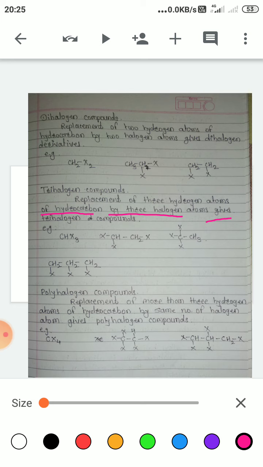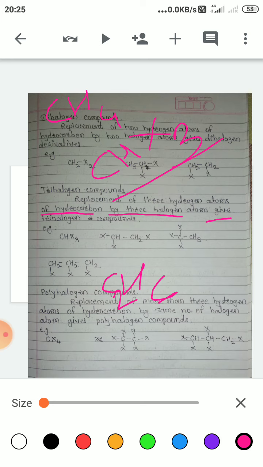For example, if we take methane CH4 and three hydrogens are replaced by halogens, that is CHX3, therefore this is a trihalogen compound.